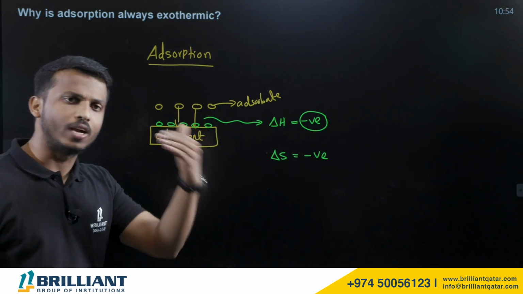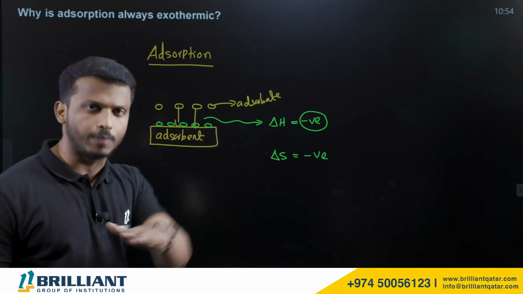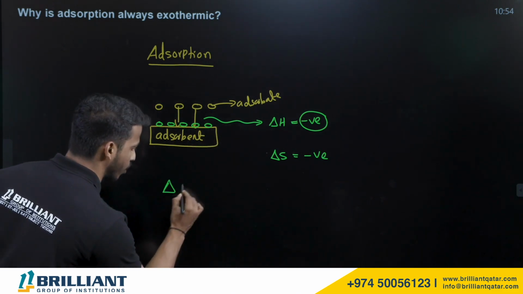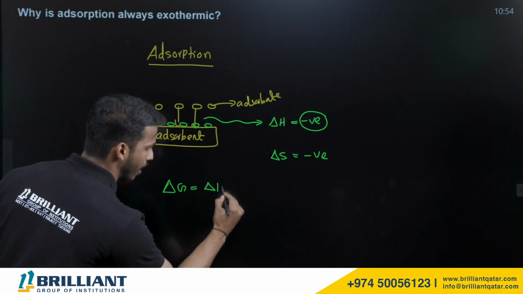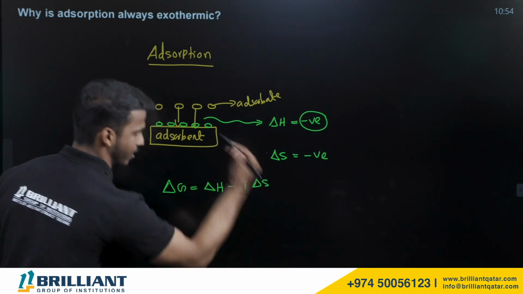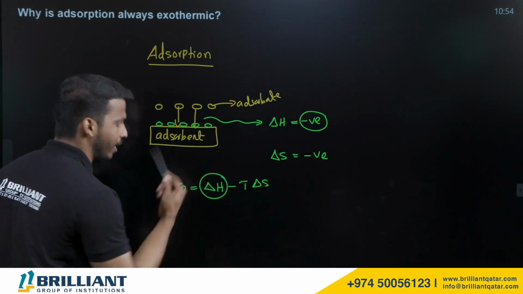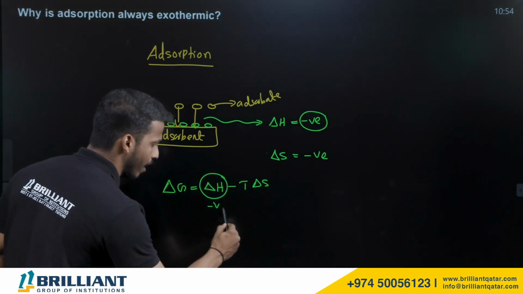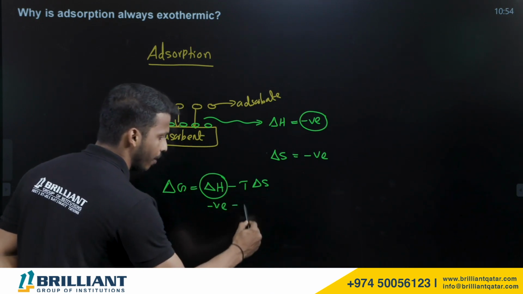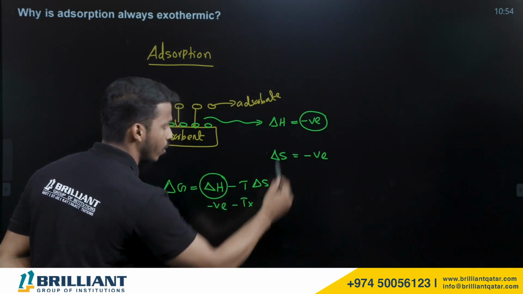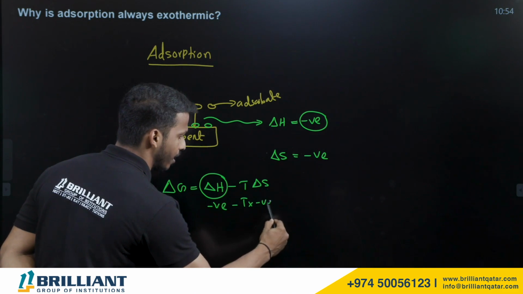Let me apply this entropy and enthalpy concept to the Gibbs energy. We know the Gibbs-Helmholtz equation: delta G equals delta H minus T into delta S. See, dear student, here delta H is negative. This is a negative value, minus temperature into delta S, which is also a negative value, right?